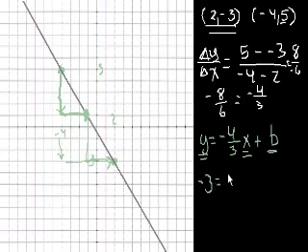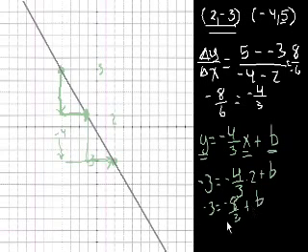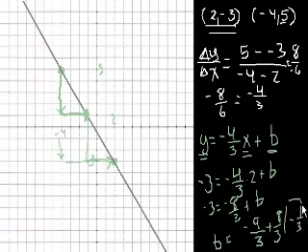Y, which is negative 3, equals minus 4 over 3 times x, which is 2, plus b. Then we get negative 3 equals negative 8 over 3 plus b. Negative 3 is equal to minus 9 over 3, and then I'm just going to put this on the other side, so that's plus 8 over 3, so we get minus 1 over 3 is the y-intercept.